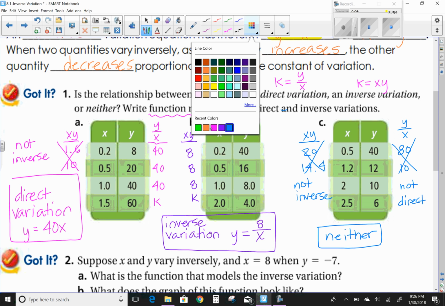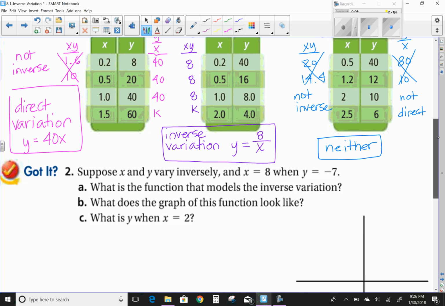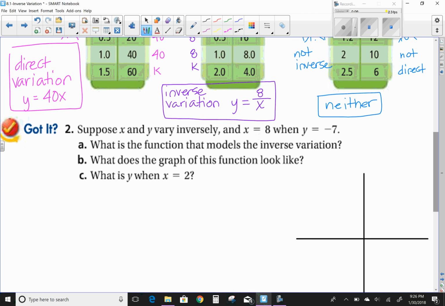Okay, so the next thing that you got to be able to do, suppose x and y vary inversely when x equals 8 and y equals -7. What is the function that models the inverse variation? So if they tell me inverse variation, I know that's y equals k over x. Okay, if I have to write the model, then I got to know what k is.